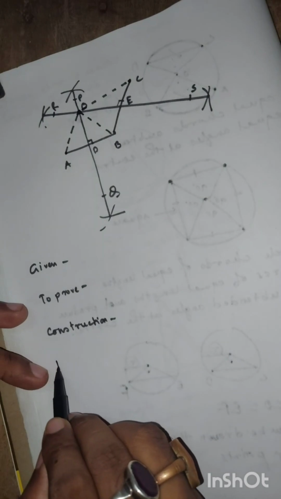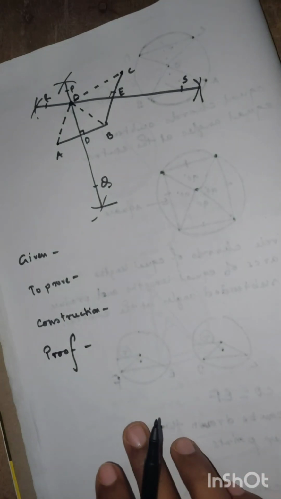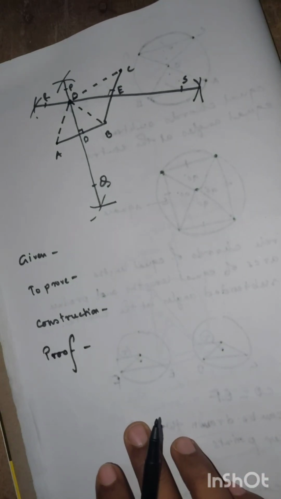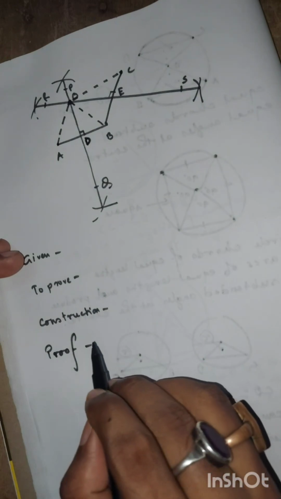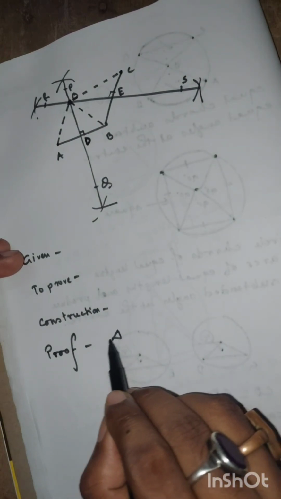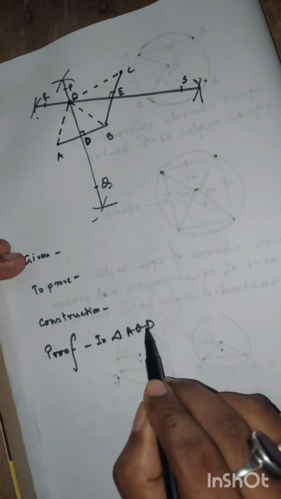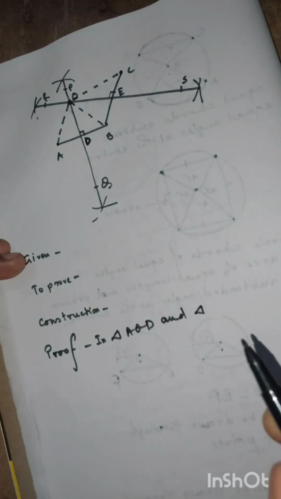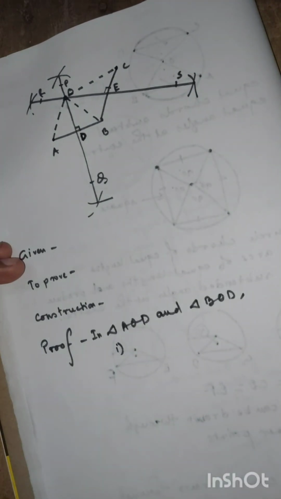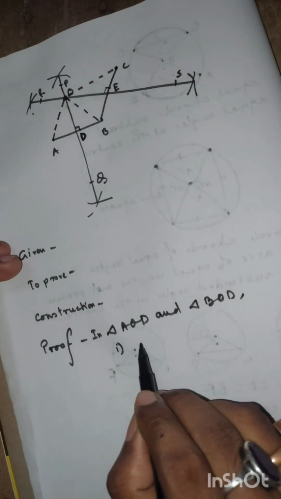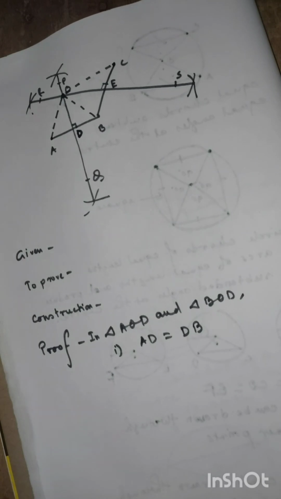Proof. For triangle AOD, this is D, this is O. AD equal to DB because PQ is a perpendicular bisector.